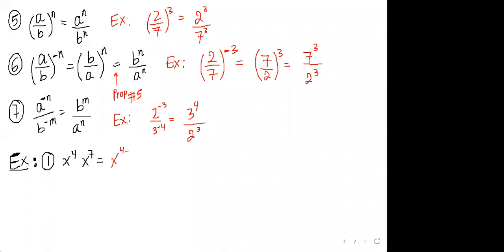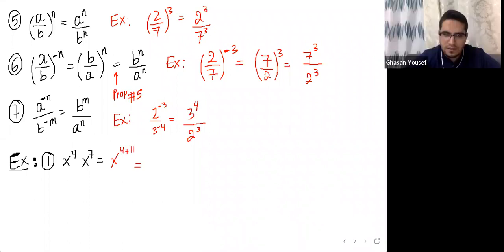So x to the 11th power. Yes, exactly. So this is x to the power 4 plus 7, and they give me x to the power 11.